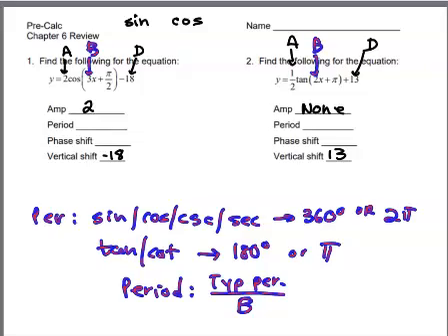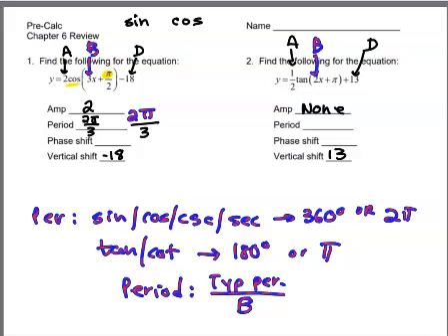Okay? So the typical period of cosine is 360 or 2 pi. Now notice they have radians there. So if it's radians, it's going to be in terms of pi. So the typical period of cosine divided by B. Well, B is 3. So what is the period? 2 pi over 3.